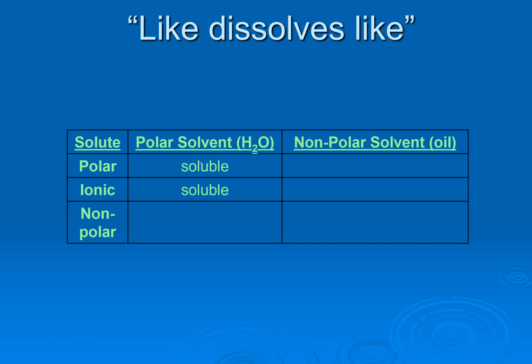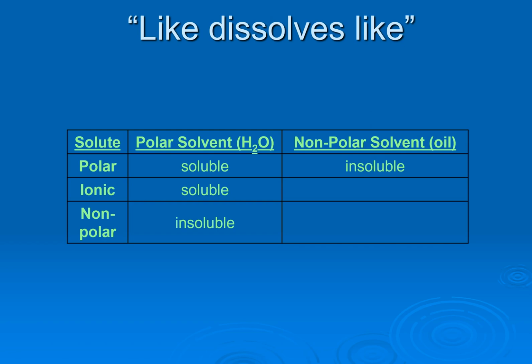Also, anything that's ionic, so like NaCl, is going to be able to be dissolved. But water cannot dissolve nonpolar solutes. So water can dissolve polar and ionic, but not nonpolar solutes.